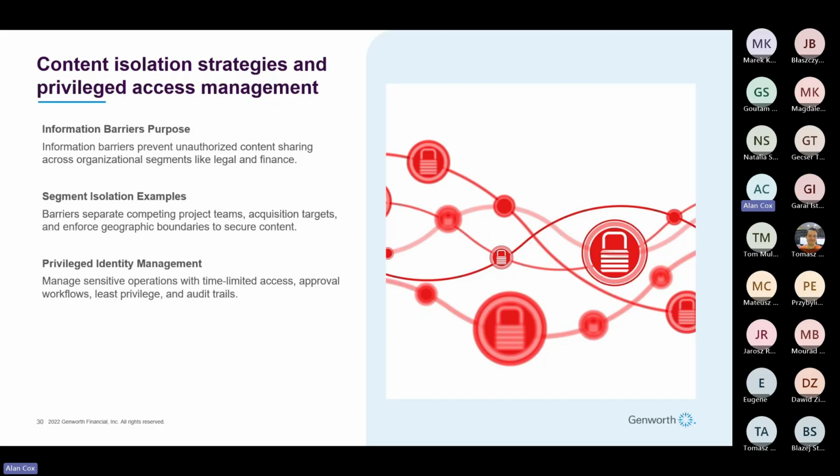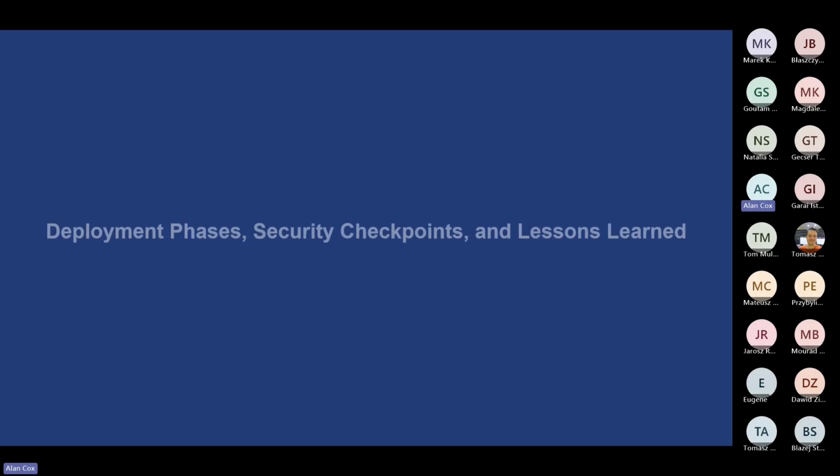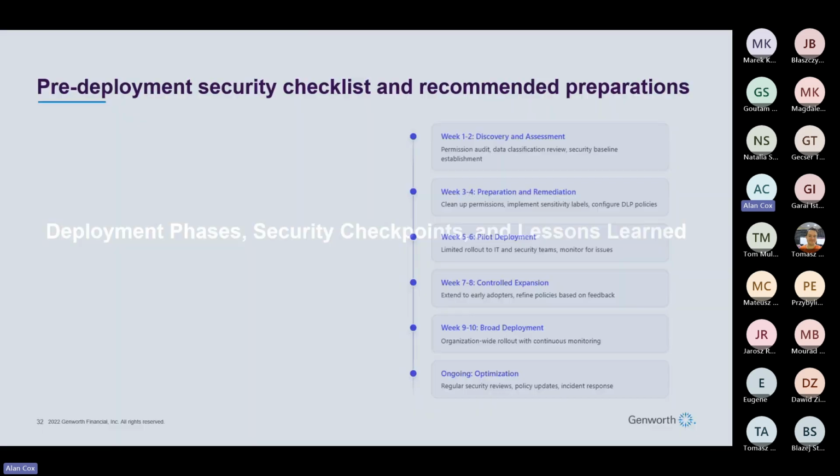So barriers can separate complete project teams or acquisition targets, etc. And of course, Privileged Identity Management. Use PIM if you can. Now it is a Premium P2, but it definitely controls and really keeps tabs on what's happening with your elevated roles. Definitely want to consider that.